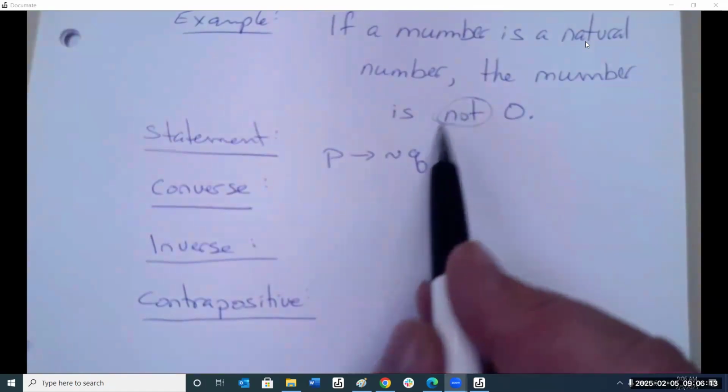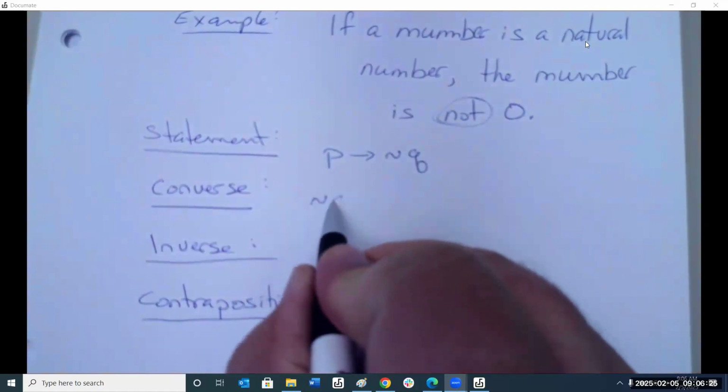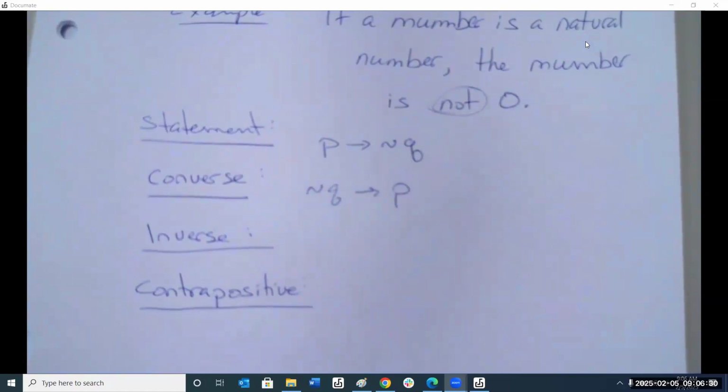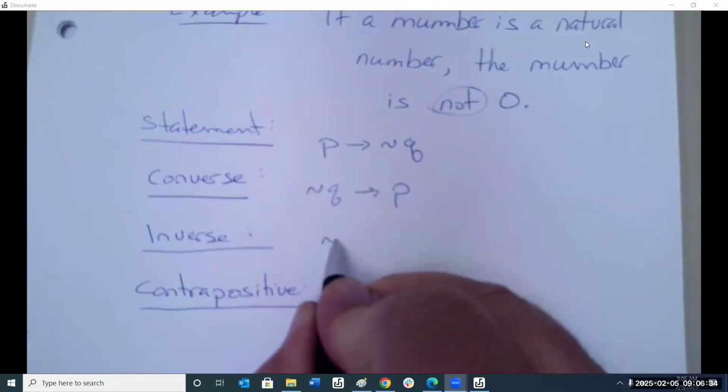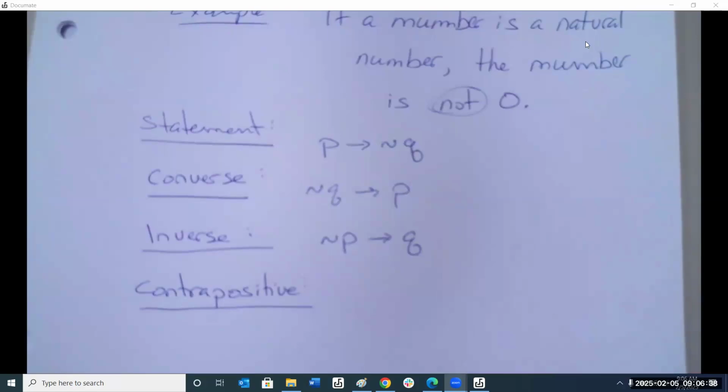Since it says not 0, we have a not Q in there. Very good. So what's the converse? Very good. If not Q, then P. Inverse? Very good.